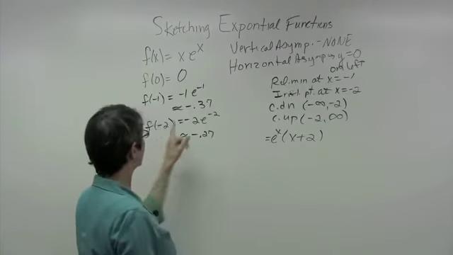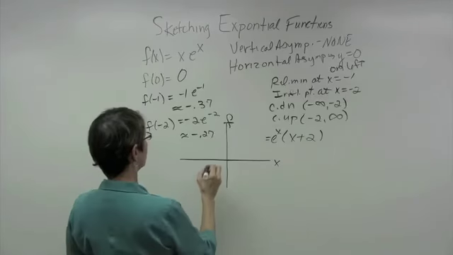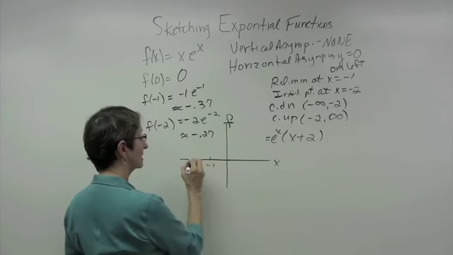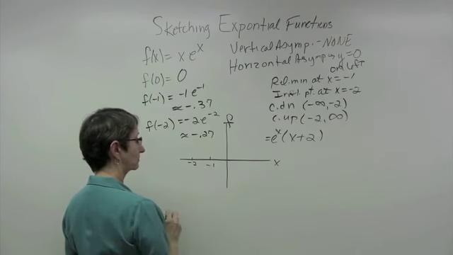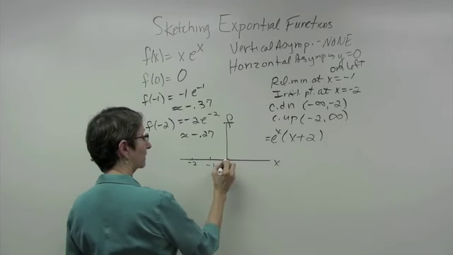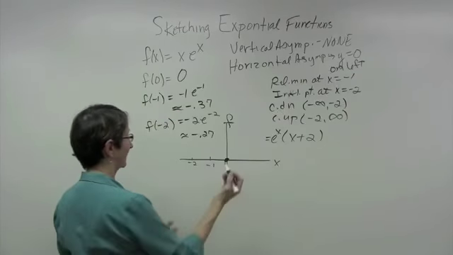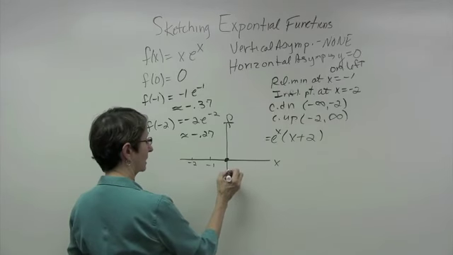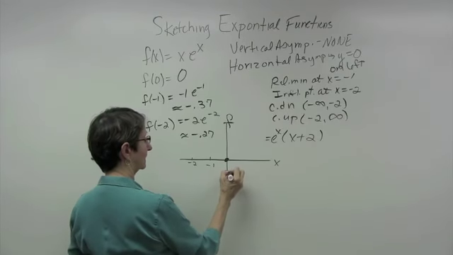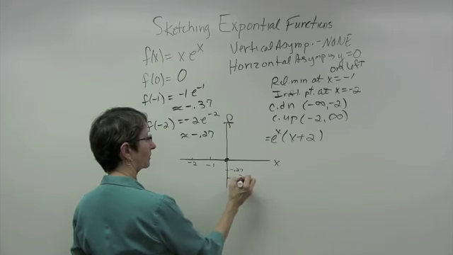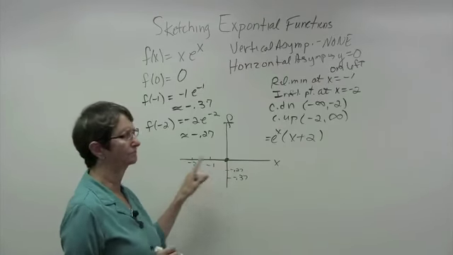Let's see what the graph looks like. x, and this is my function f. So I'm interested in -1 and -2, and I know f of 0 is 0. F of -1 is -0.37, so let's just call this -0.27, and we'll call this -0.37, not to scale.